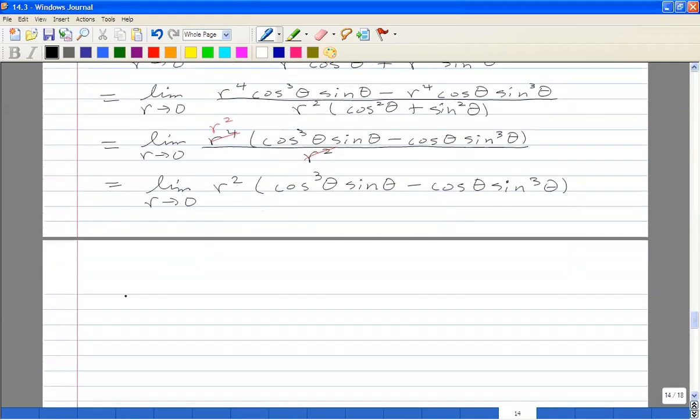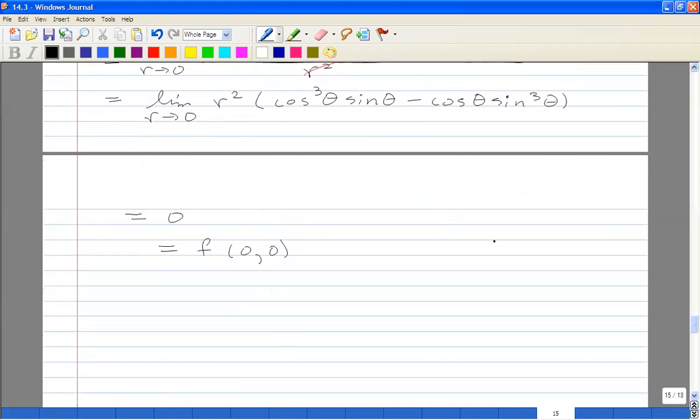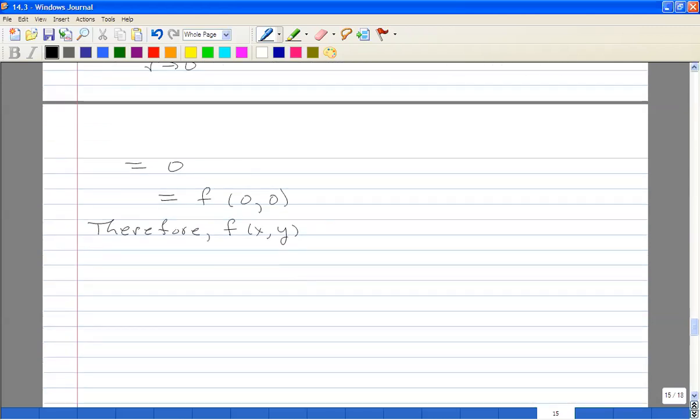So this is equal to 0, which is equal to f at the origin. So therefore, f is continuous at the origin, and so therefore, f is continuous everywhere.